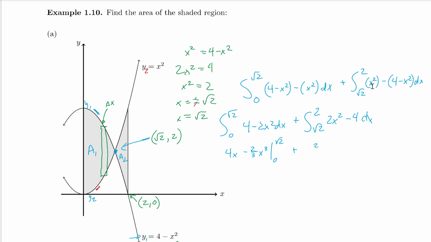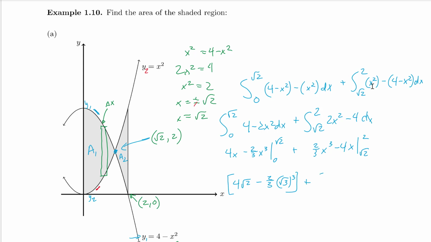And then we have 2/3 x cubed minus 4x evaluated from root 2 to 2. If we go ahead and plug these values in, we get 4 root 2 minus 2/3 root 2 cubed. We're going to have a minus 0 for our second term, so I'm not going to write that.